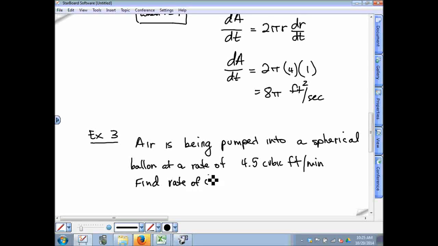Find the rate of change of the radius when the radius is 2 feet.